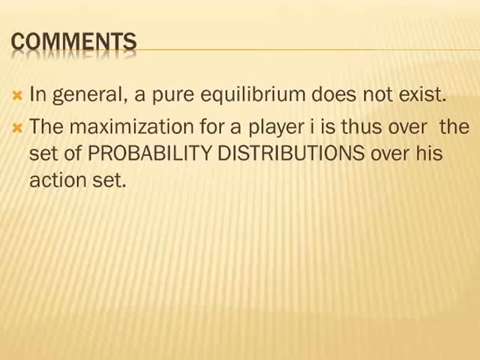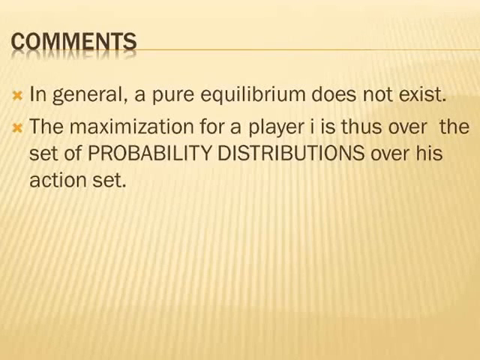Now, when considering equilibria in the game formulation, a pure equilibrium does not exist in general. The maximization for a player i is thus over the set of probability distributions over his action set, instead of just directly over his action set.